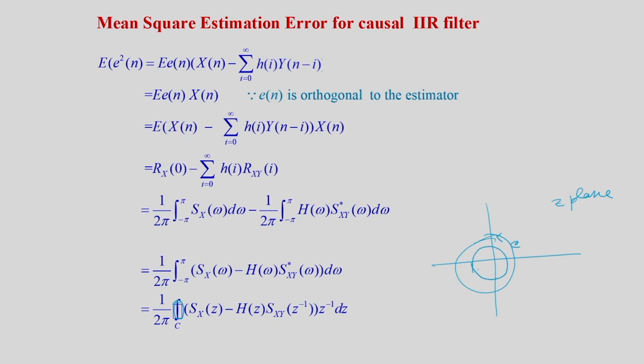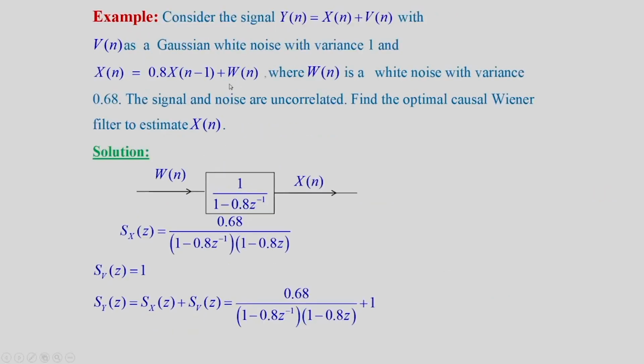Maybe somewhere the unit circle is here. If we perform the contour integral over this of Sx(z) minus H(z) into Sxy(z inverse), into z inverse dz, we will get the mean square error. So this way we can find out the mean square estimation error.